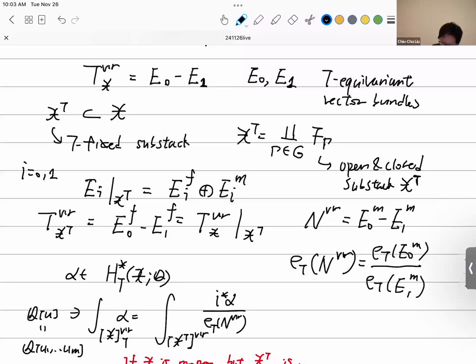So these are T-equivariant vector bundles.